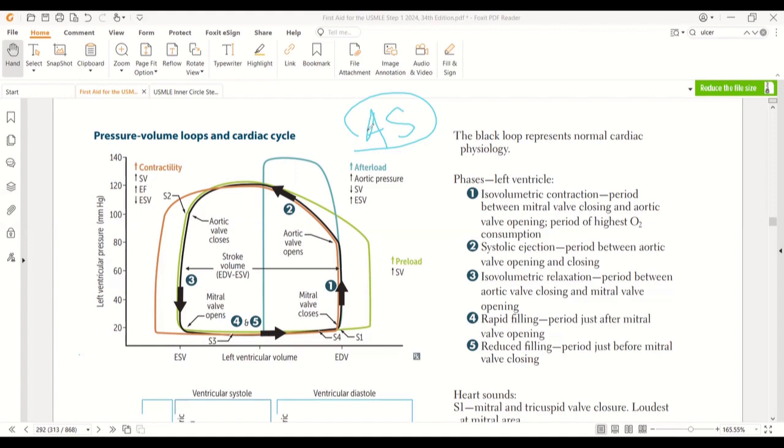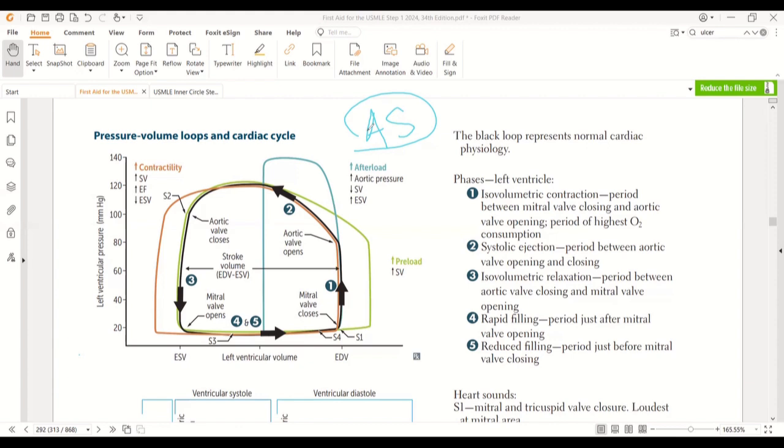Okay, so in aortic stenosis, aortic pressure is increased. What happens to the left ventricle pressure? Increase, decrease, remain the same? Increased, right. First you have to identify the condition, aortic stenosis, in your exam.